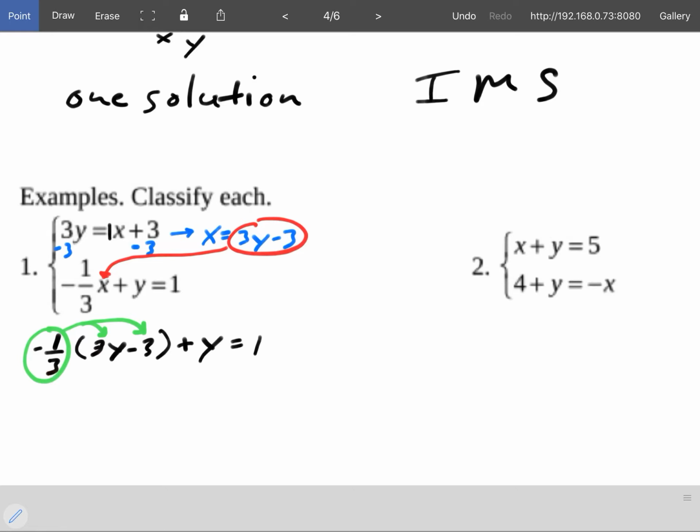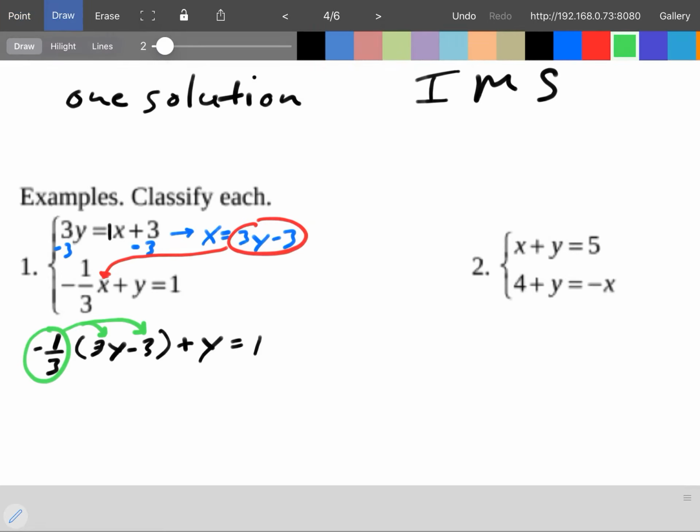As long as this coefficient of y and this number right here are divisible by 3, I'd go ahead and distribute. If that number was like a 5, I probably would not have distributed, because then you'd get fractions in your problem. If I had a number that was not divisible by 3 right here, I probably would have multiplied both sides by 3. But I'm going to go ahead and distribute.